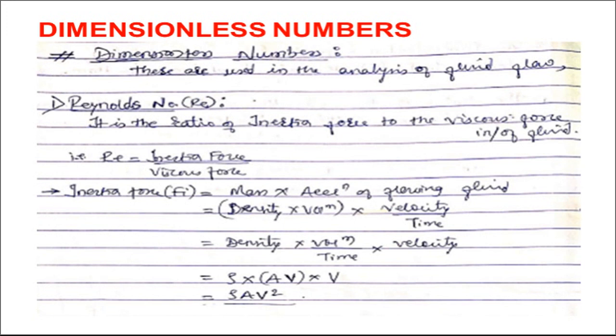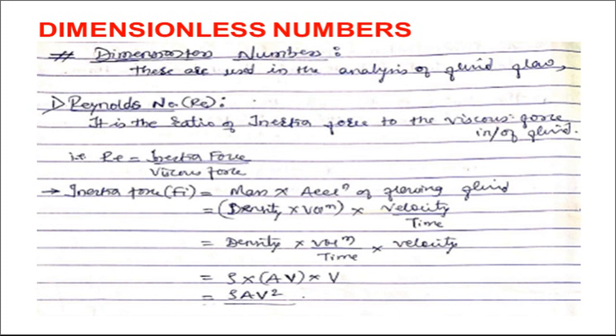So this number compares the importance of inertia force with respect to the viscous force. Now as this is a ratio of the two forces, it doesn't have any unit, so it becomes dimensionless.